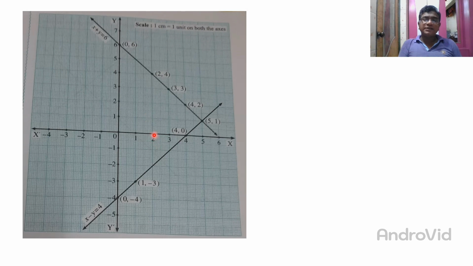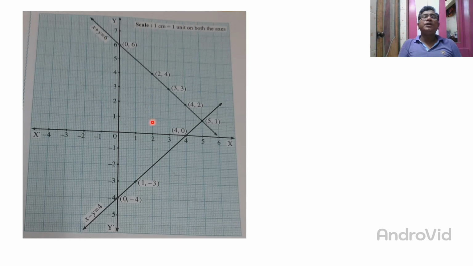See, at x-axis 2, I keep the cursor on the x-axis and you just start your journey up to 4. Your journey is completed when you get 4. So you plot the point there, and that is 2 and 4. Okay my students.